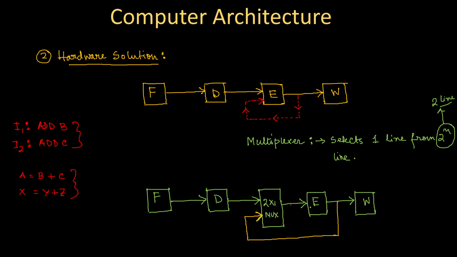So the input to the execution unit that we are talking about is basically a sort of input to the ALU. So that means this multiplexer must be present before the input of the ALU. That's for sure.